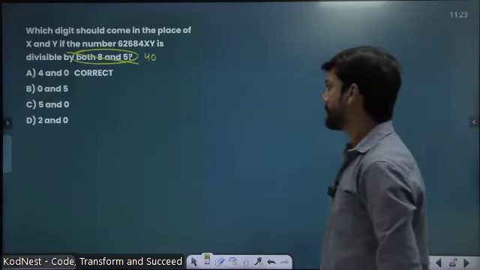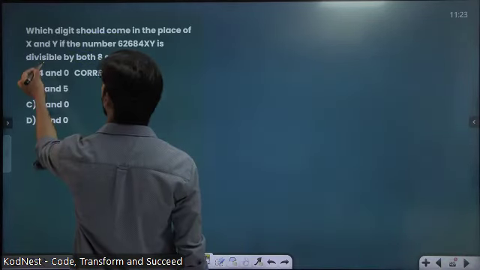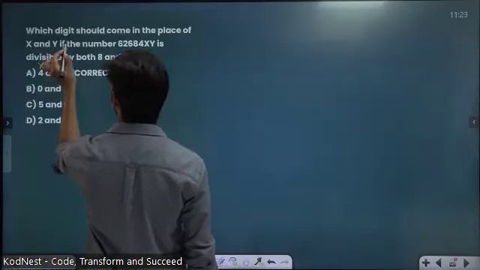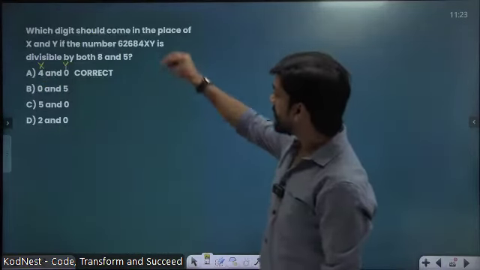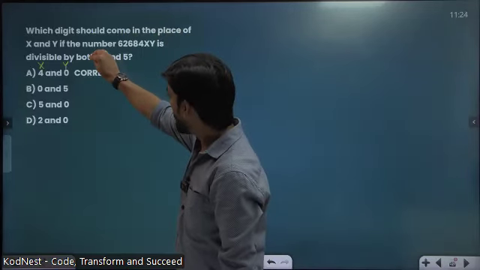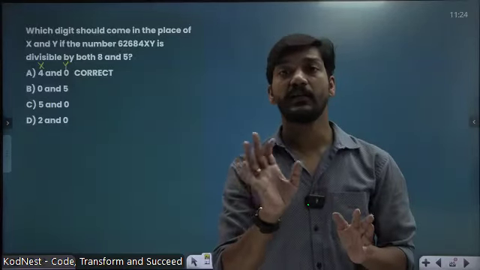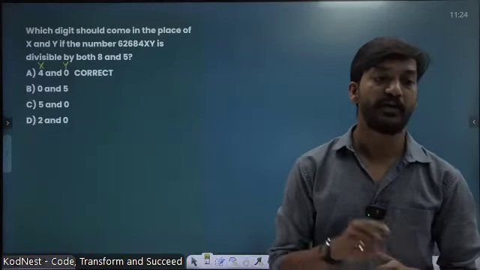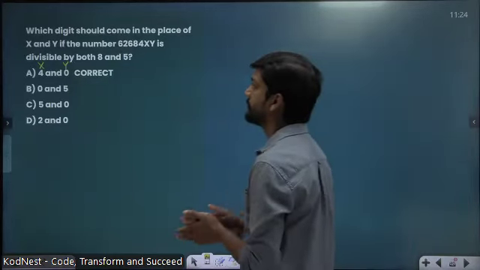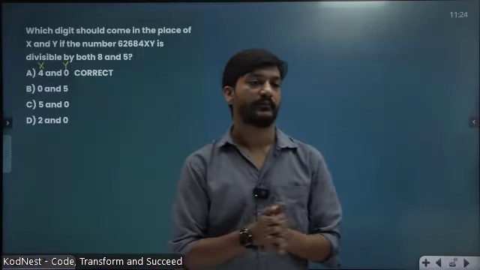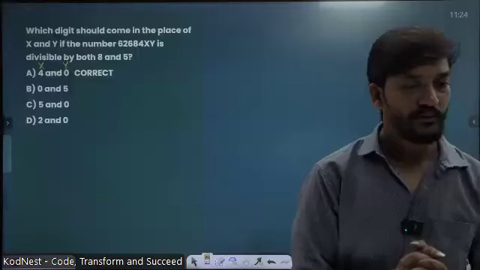Now carefully answer. As per the options, this represents X and this represents Y. This number should be divisible by 8 as well as 5. So what should be present at the last place? If it should be divisible by 5, what should be present? Okay, 5 and 0.